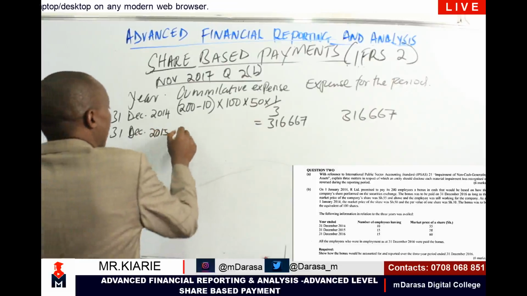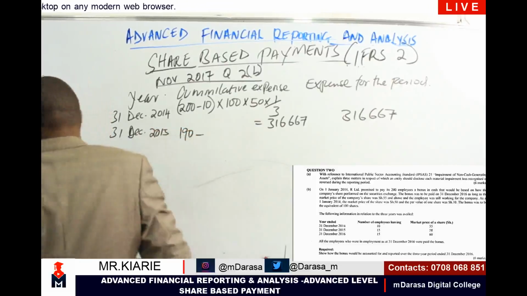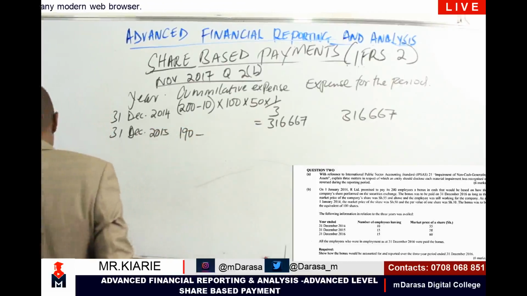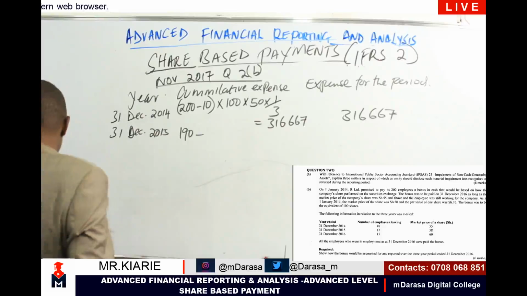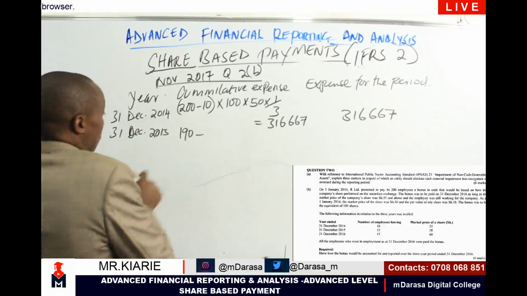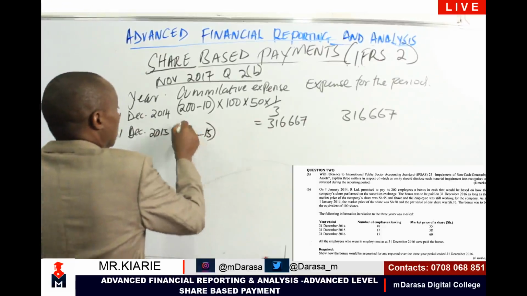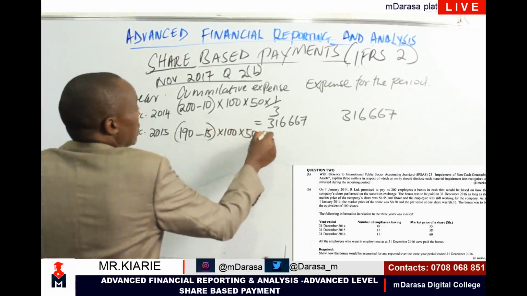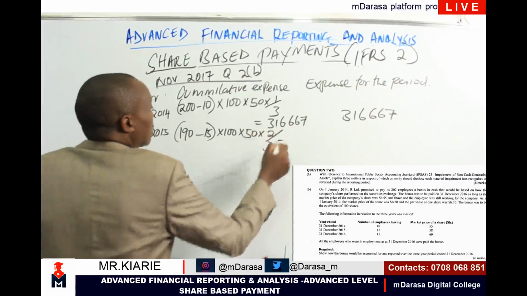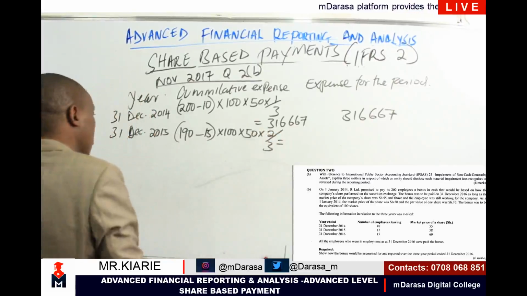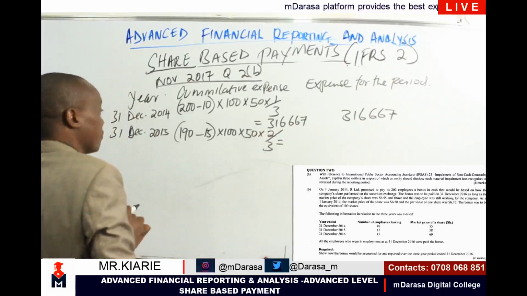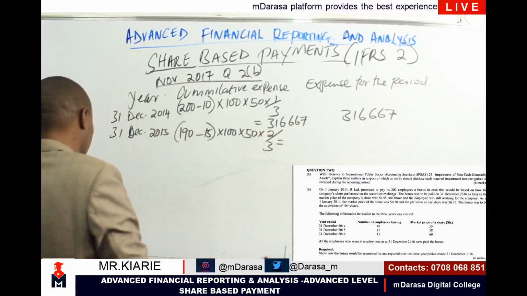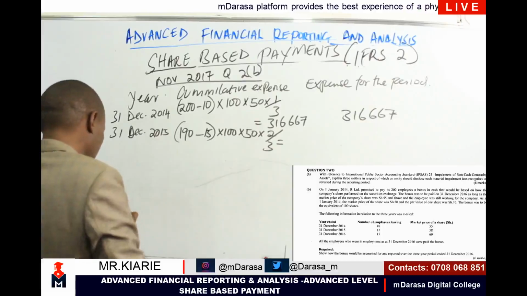it will be 190, those who are left last year, minus those expected to leave in year 2, which is 15, minus 15, times 100, times 50, times 2/3. This gives me 175 times 100 times 50 times 2 divided by 3.